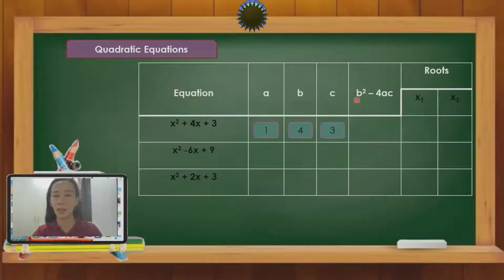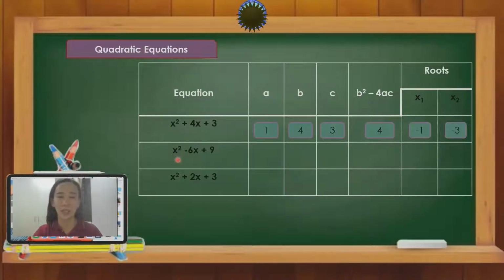So what is b squared minus 4ac? What do we mean by b squared minus 4ac? Later, we are going to discuss more about this. First, let us compute it, that is b squared, so that will be 4 squared, 16, minus 4 times 1 times 3. Using the quadratic equation formula, our x1 is negative 1 and our x2 is negative 3.